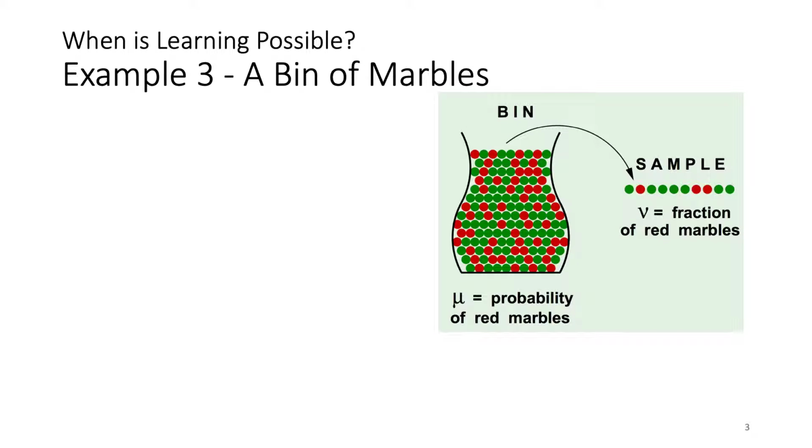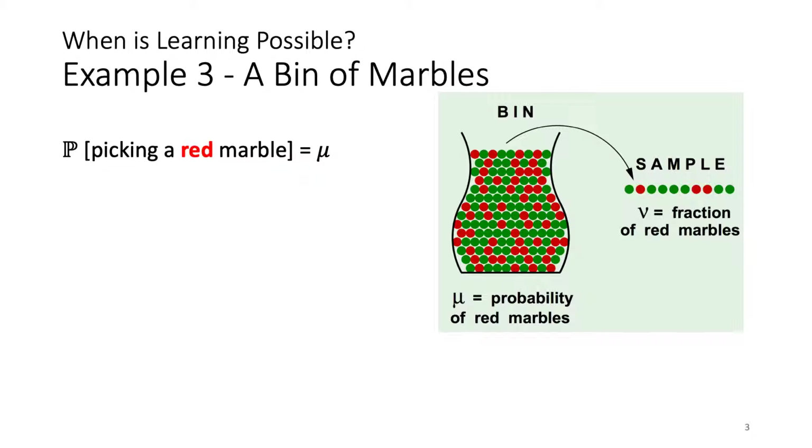So we talked about a bin of marbles containing two sets of colors, red and green, and then we wanted to see if the probability of having red in the marbles, represented by mu here, can be related to the v as a fraction of red marbles we sampled from that test case.